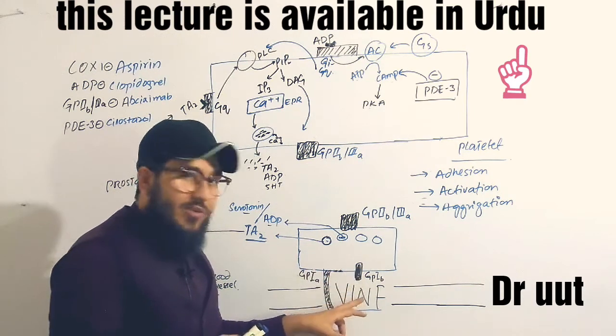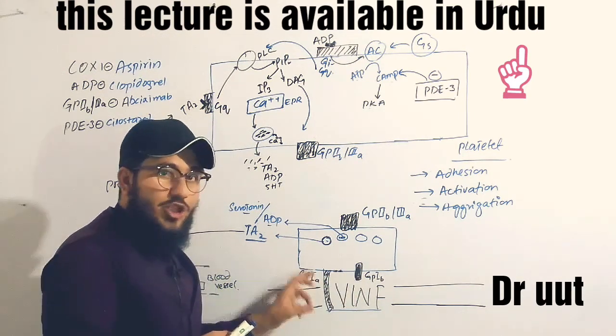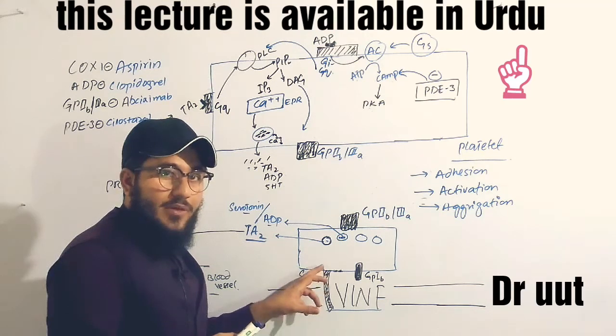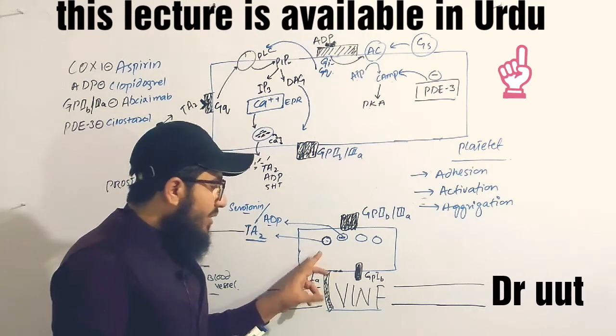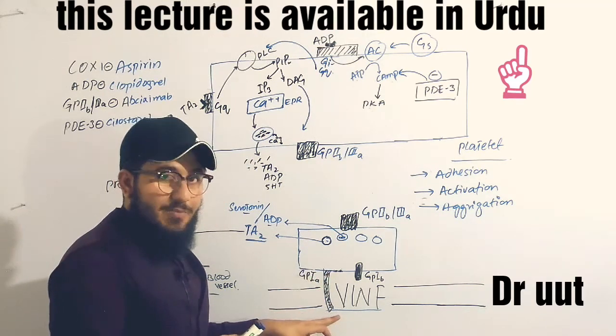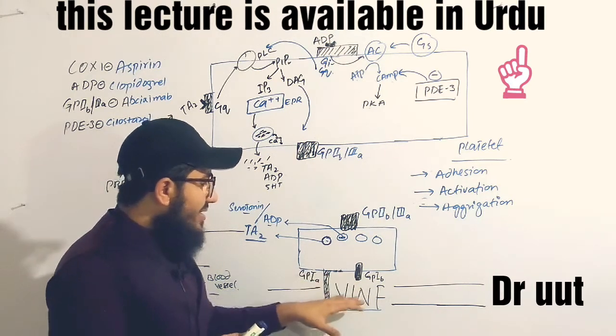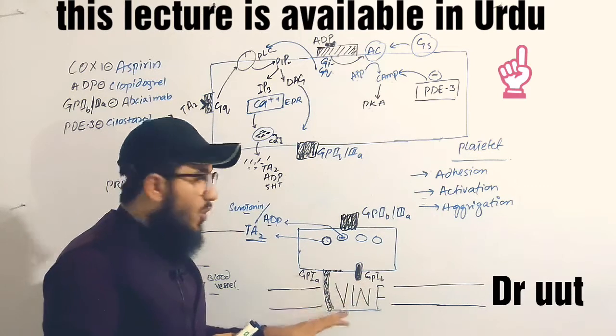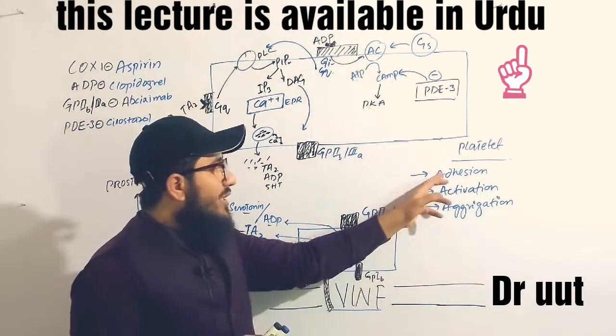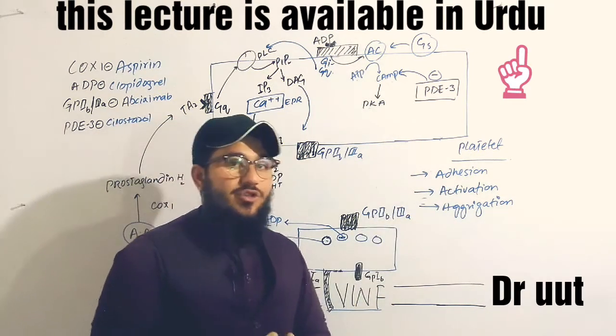GP1B will bind to the von Willebrand factor, and the GP1A receptor of this platelet will bind with the exposed collagen. So this platelet will bind with the von Willebrand factor and the collagen. This mechanism is known as platelet adhesion.